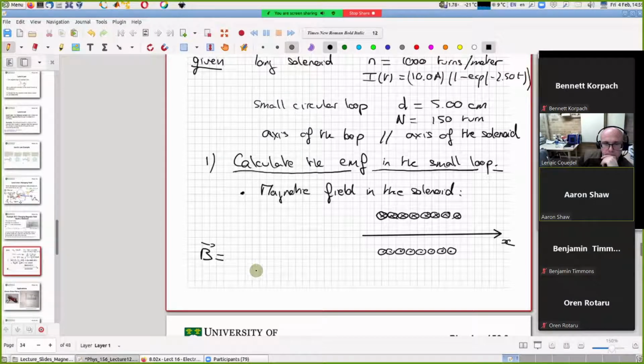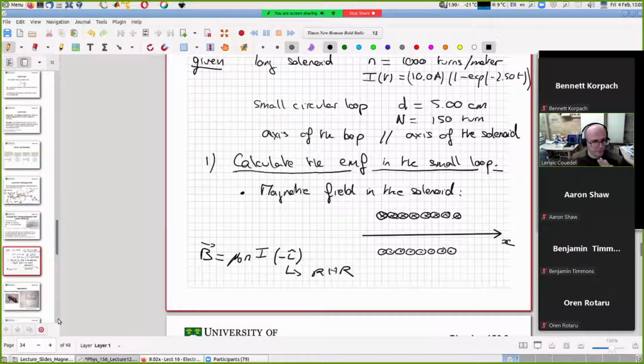Mu naught n current. Yes. And what is the direction of this magnetic field? If you use your right hand rule, you curl your hand the same direction as the current. Negative i hat. Exactly. And this you get with the right hand rule.